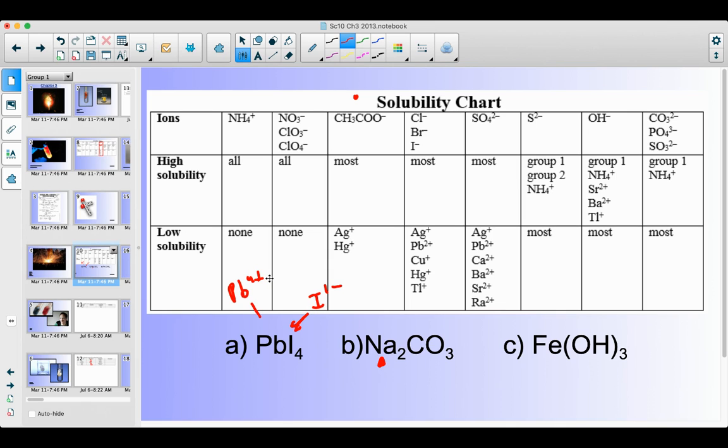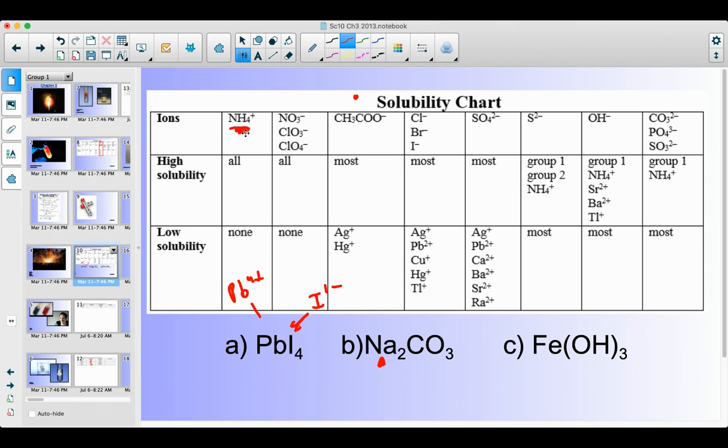So for the most part, when we use our solubility chart, the first step is finding our anion. There's only one cation on the whole thing, which is a polyatomic, NH4 positive, which is ammonium.